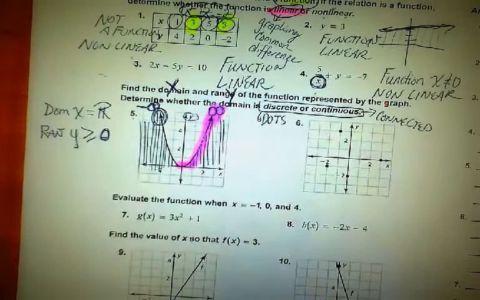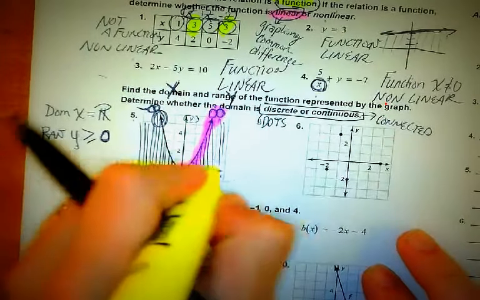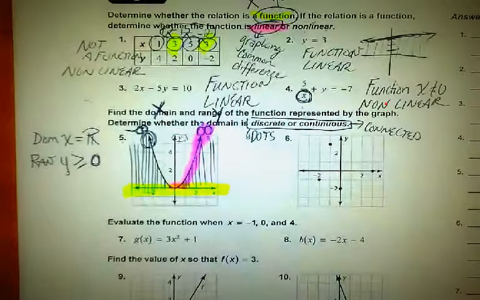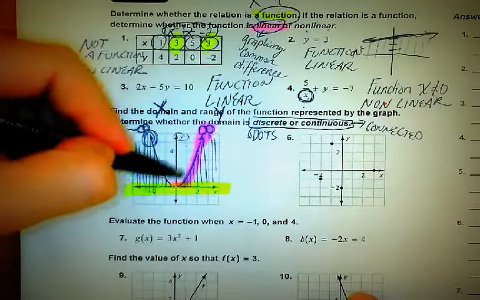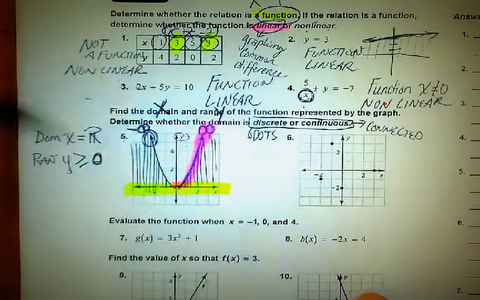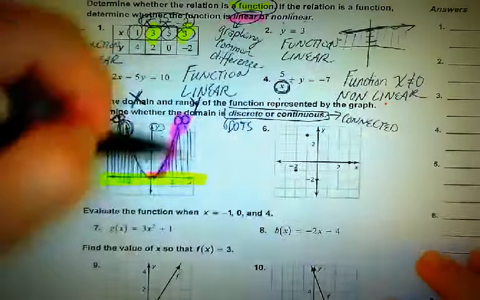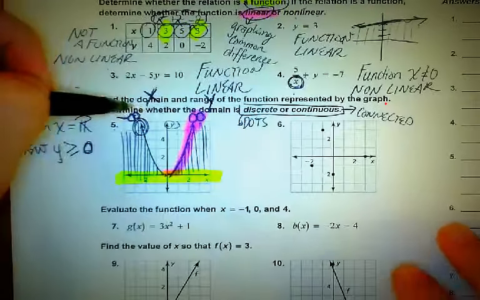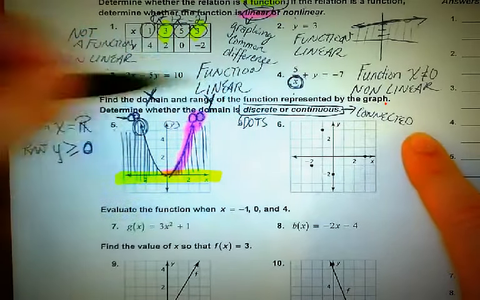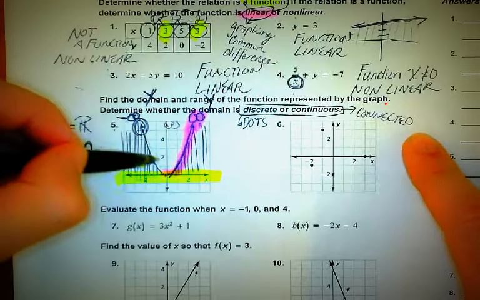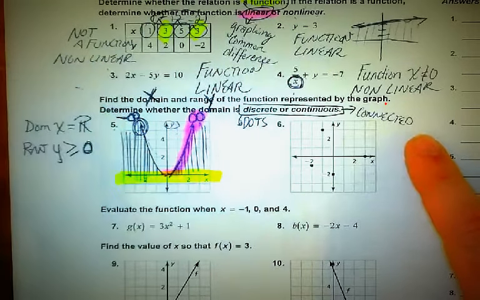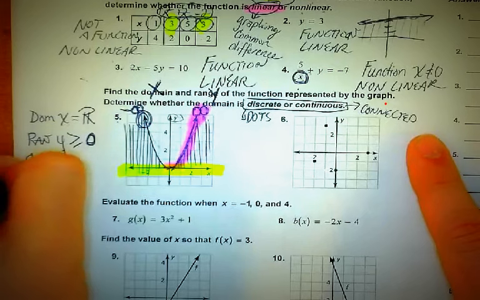All right, so again, your domain is all real numbers, and then your range is y bigger than 0. This is also connected. All of the dots are connected into one line, so this is going to be continuous.